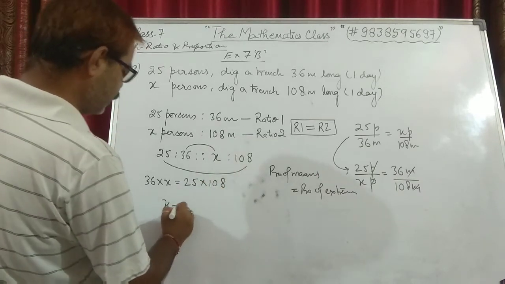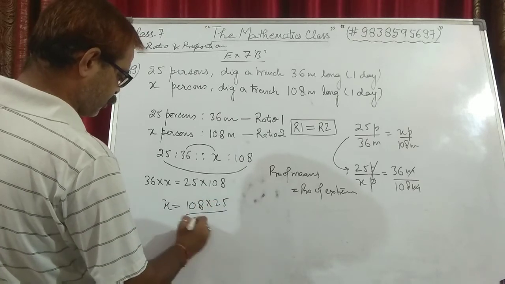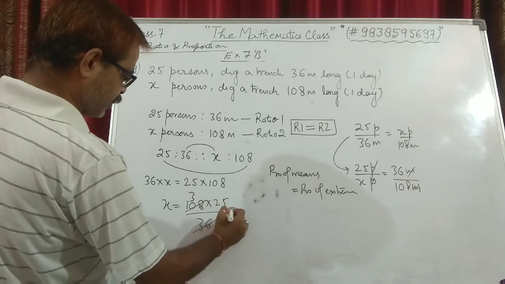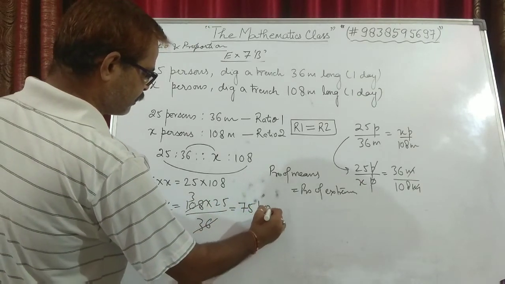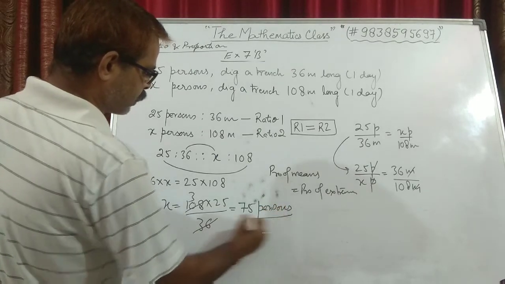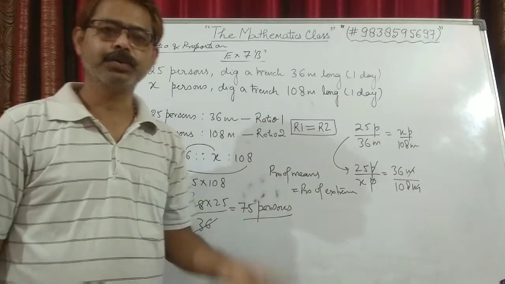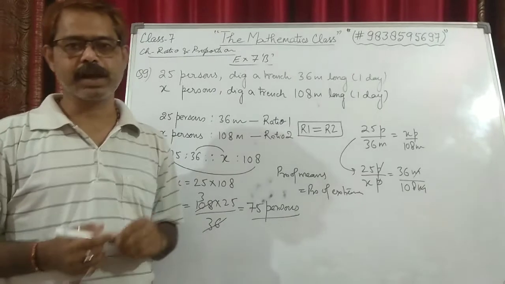So x will be 108 into 25 upon 36. 36 3 times is 108, 25 into 3 is 75. So 75 persons will be required to dig a trench that is 108 meters long, and that too in one day. Now this finishes your exercise as well as your chapter.